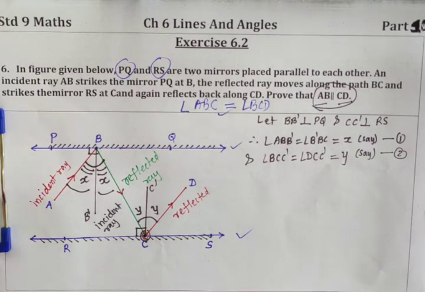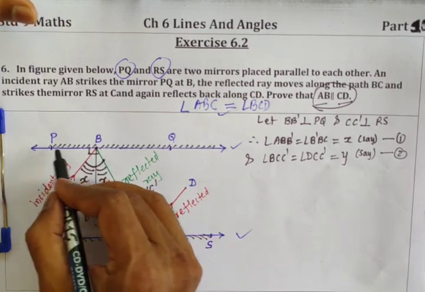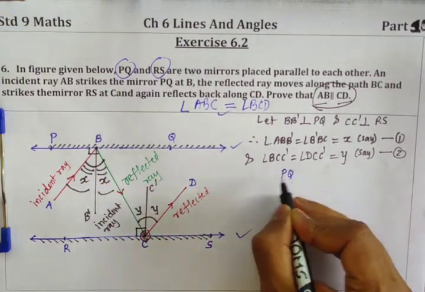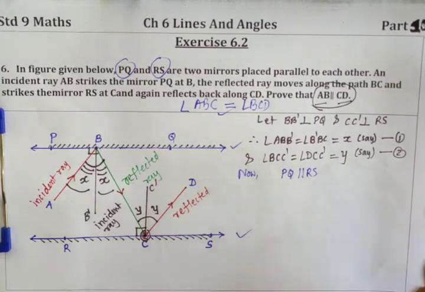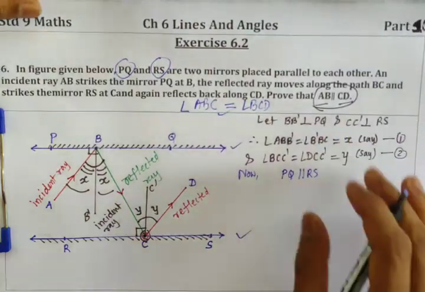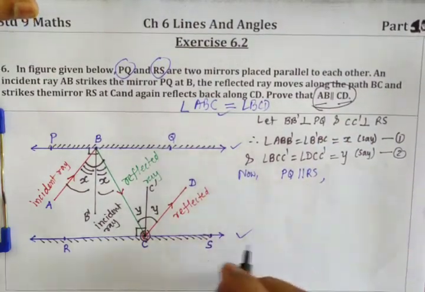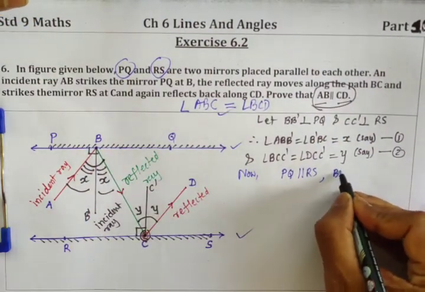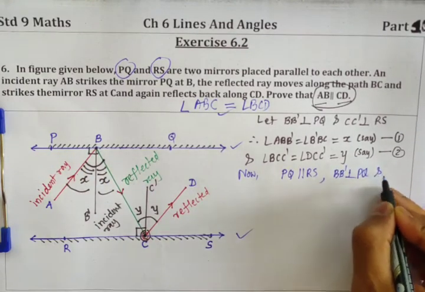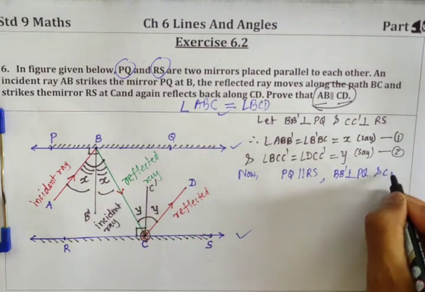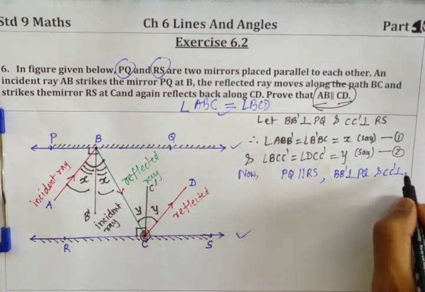Okay, fine. Now, children, pay attention. Line PQ is parallel to RS. What I told you here will come here. Comma, then BB dash is perpendicular to PQ and CC dash is perpendicular to RS.